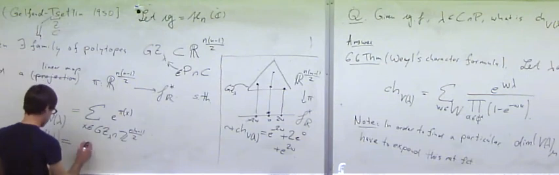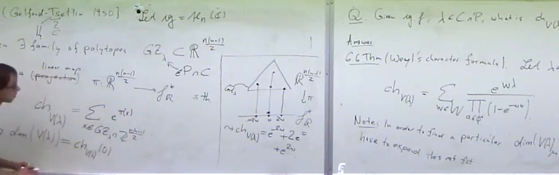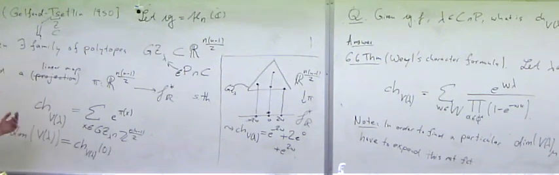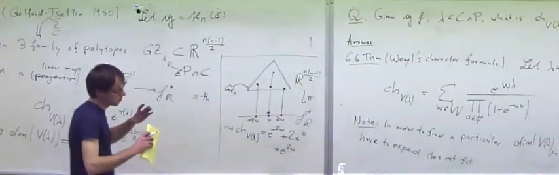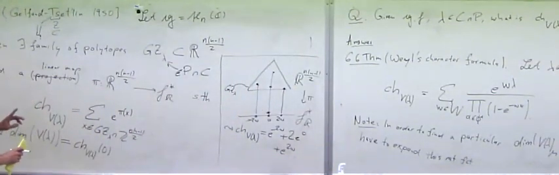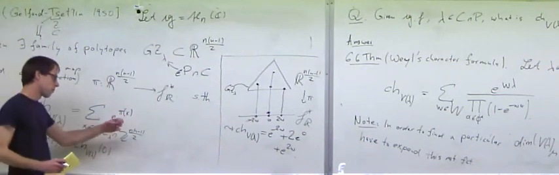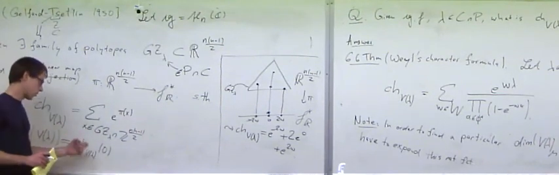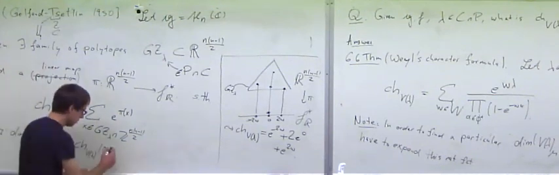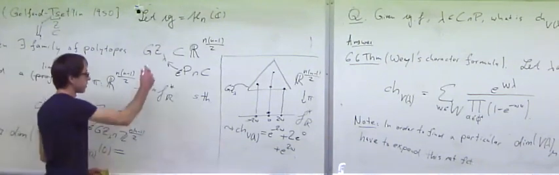I get this by evaluating the character at 0. I have this formal, or non-formal, expression for the character. Anyway, a character is a linear combination of terms of the form e to the something. If I plug in 0, then each e to the something becomes 1, so each dimension is counted exactly once. So this is just the number of integral points in the Gelfand-Tsetlin polytope.